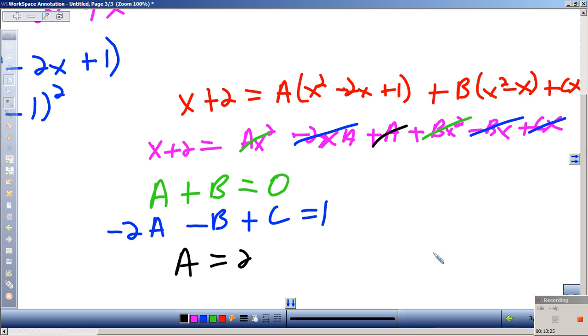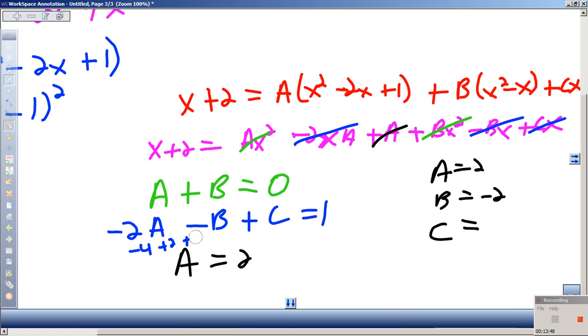Guess that made the last one easy. So if a equals 2, then what is b? b equals negative 2. Okay, and then what is c? Let's see, we have negative 4 plus 2 plus c equals 1. That's 3.